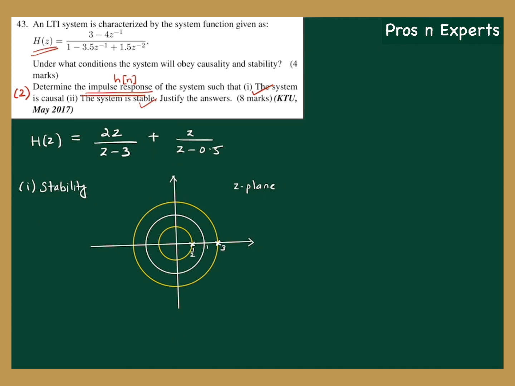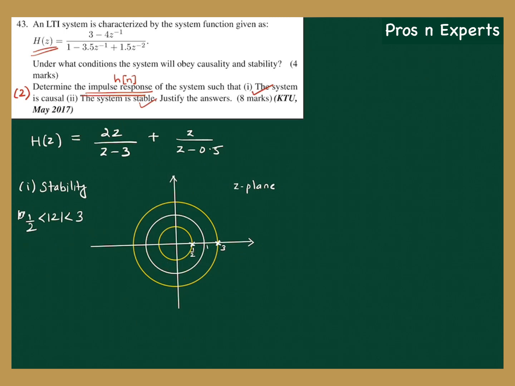So the only possibility is that the region of convergence is between 1 by 2 and 3. We can write it as 1 by 2 less than mod z less than 3. We have seen it in the previous session. So this corresponds to the circular disk between half and 3.